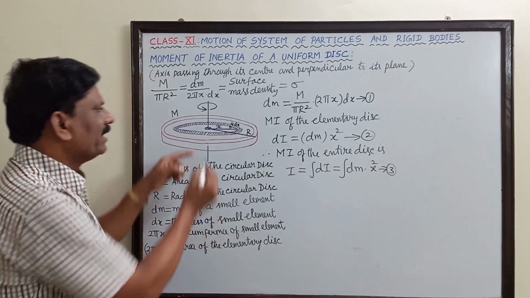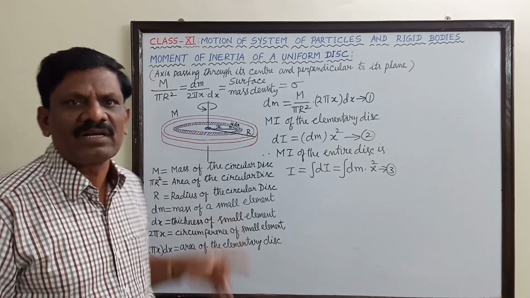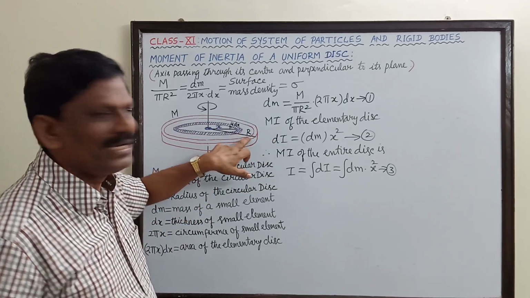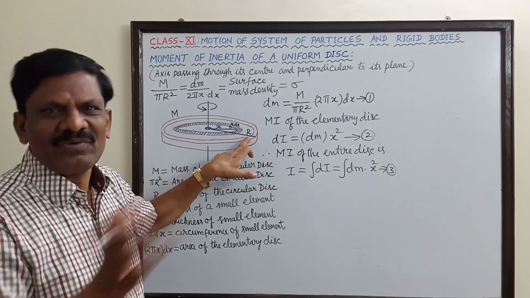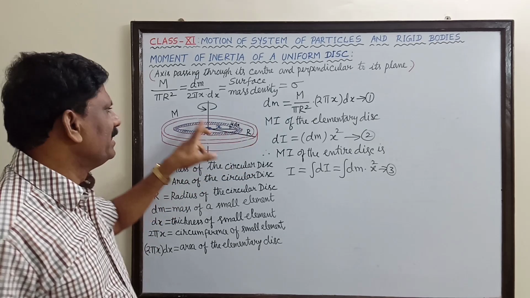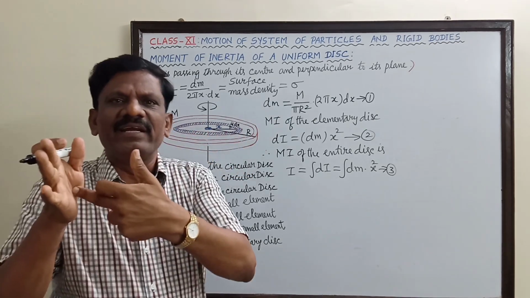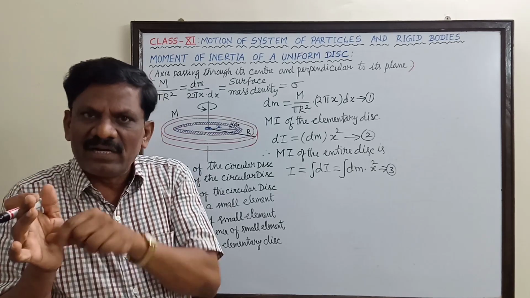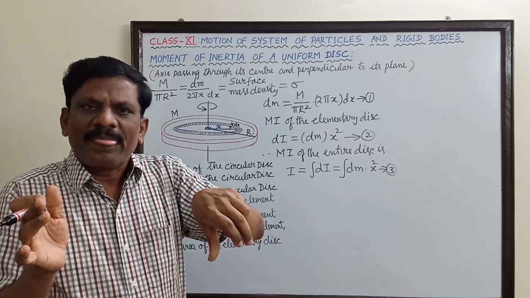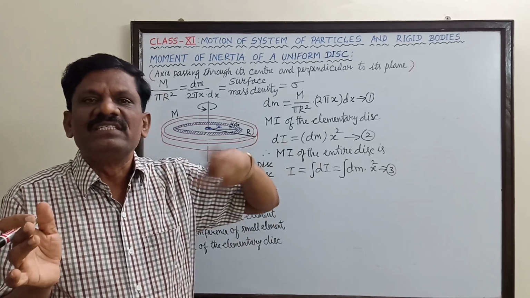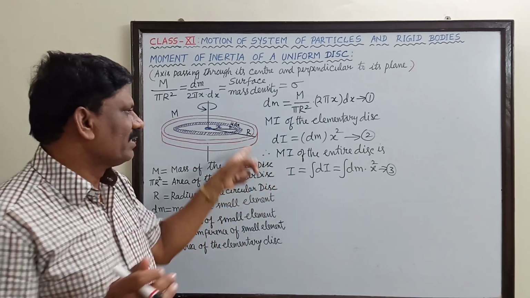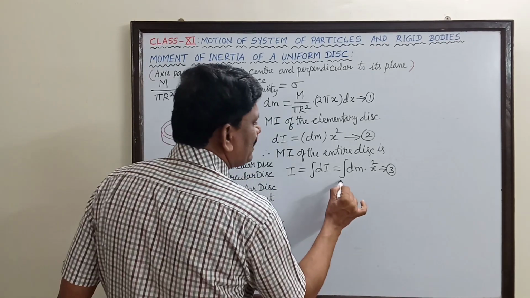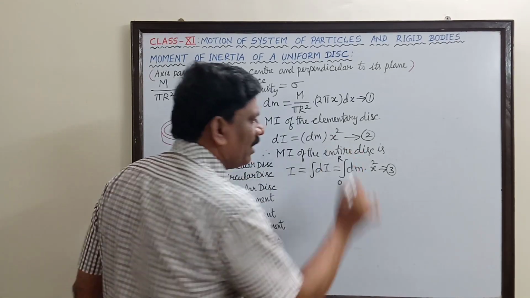The ring which is in contact with the axis, the central ring, is at a distance x equal to 0, and x increases. Finally, the last ring, which coincides with the circumference of the disk, must be at a distance equal to R. Therefore, these limits are 0 to capital R.